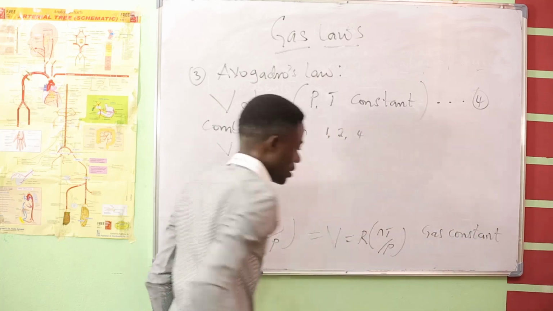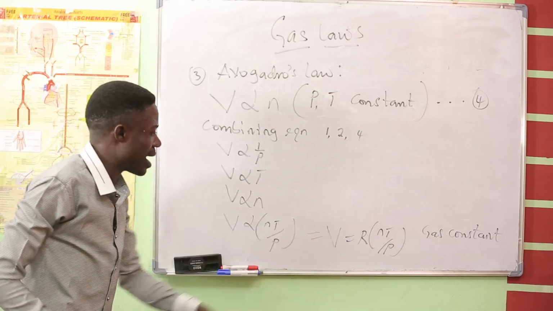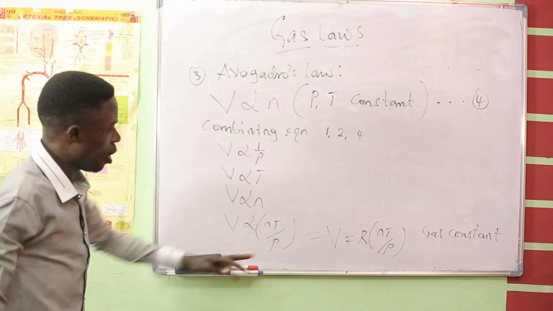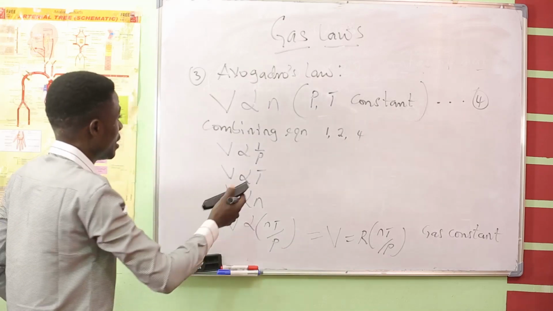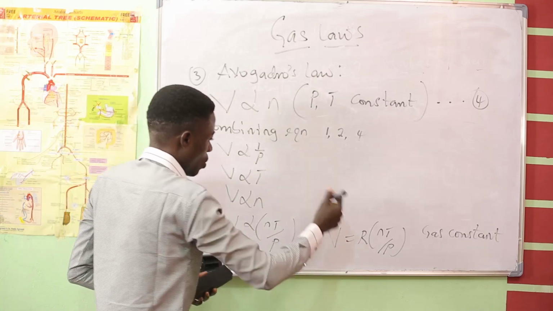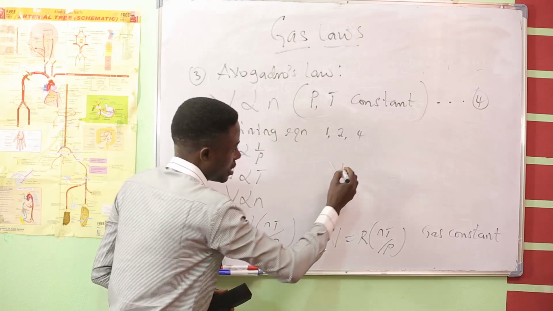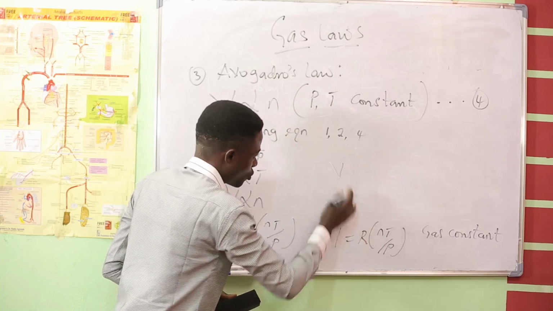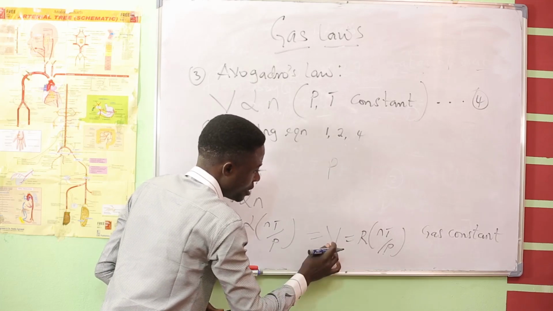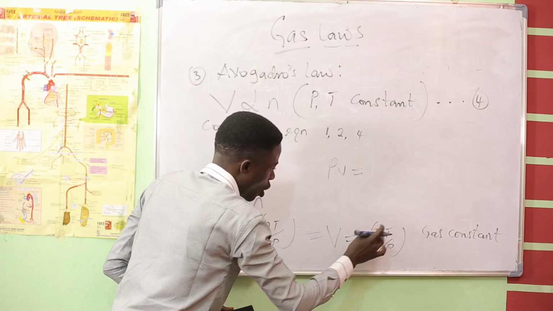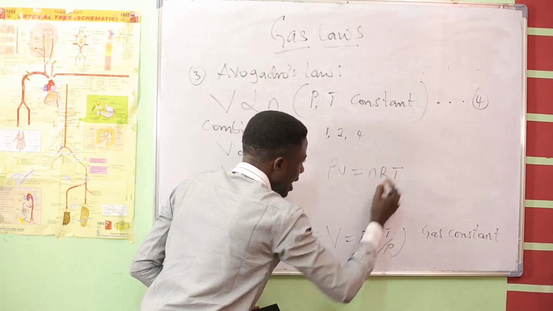If I open my bracket and evaluate that, we are going to have PV is equal to NRT.